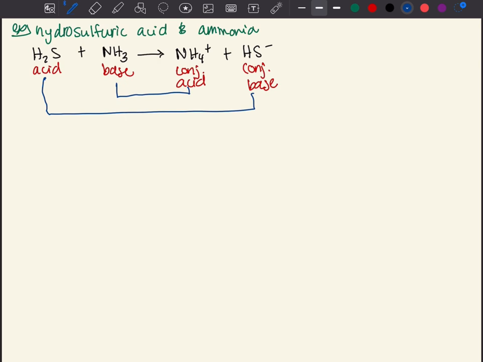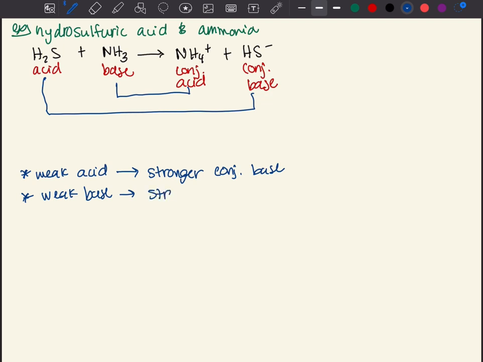Now, if you have a weak acid, it is going to give way to a stronger conjugate base. If you have a weak base, you are going to get a stronger conjugate acid.